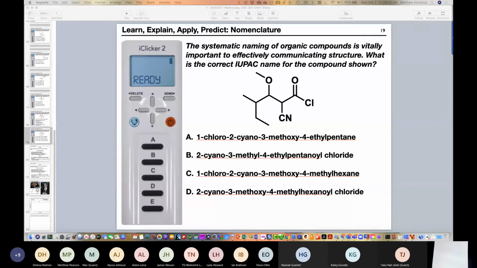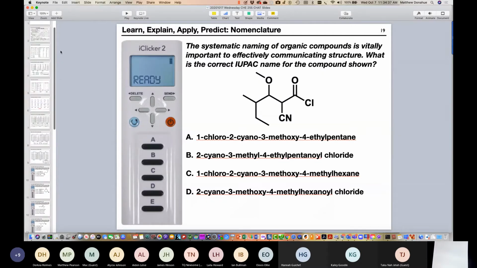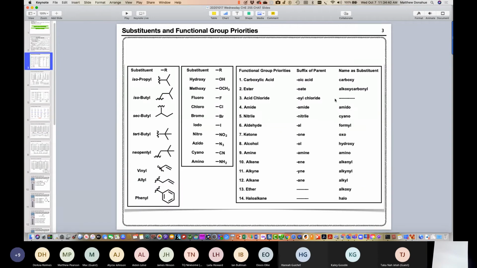So Taka's asking about this dotted line here, that the acid chloride is not named as a substituent. So if you have a compound that has 2... basically, let me draw out, this is sort of what Taka's referring to.